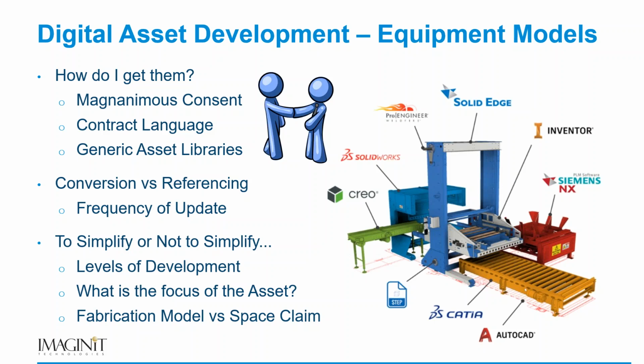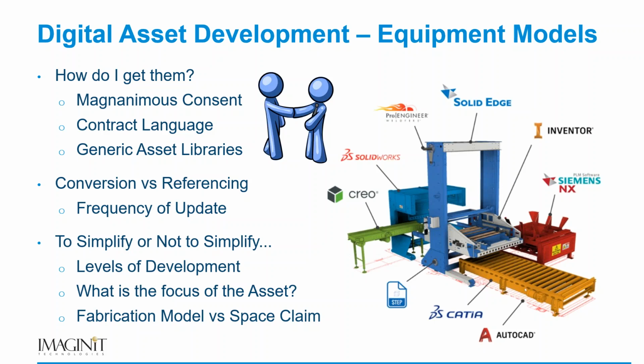Other times you might just get 2D drawings or PDFs, which don't initially give you a lot of digital twin energy. So it does help you to build things into your contract language that will say, if we do buy things from you, we would like to have a simplified asset. If you are contracting someone to design something for you, that certainly should be in your contract language. So a lot of the times these things are missed, or a lot of these things are not thought about. Maybe this doesn't exist yet.